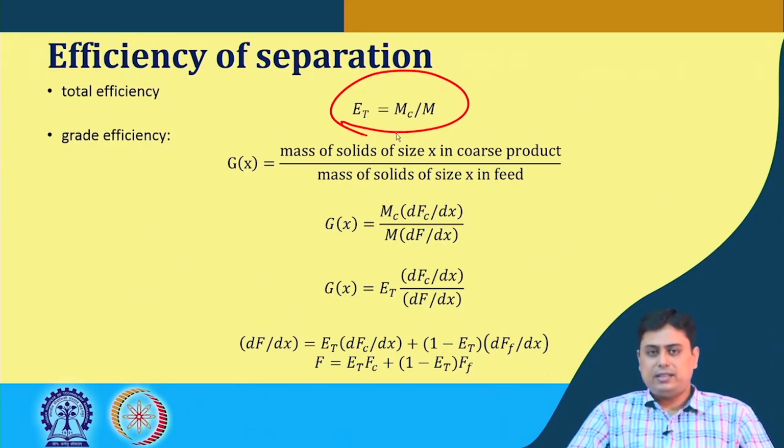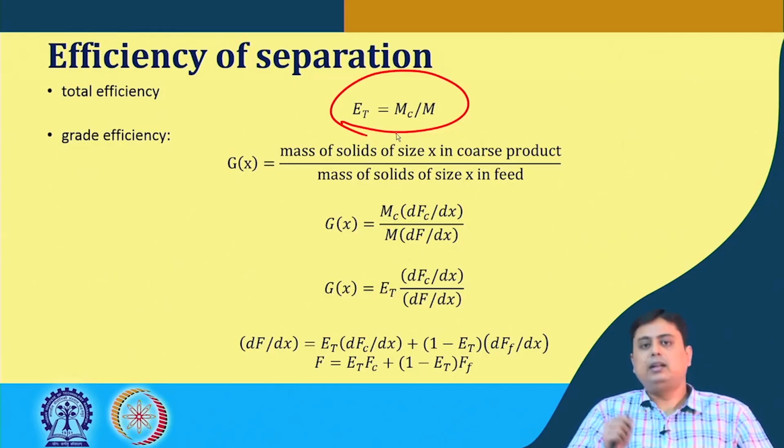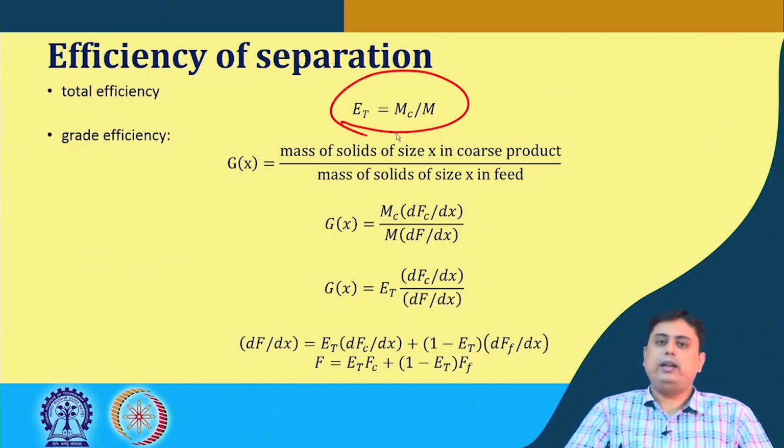So, the grade efficiency is that certain grade that you want to achieve for a particular size of the particle in the size range. That is why it is explicitly mentioned as the mass of solids of a certain grade x, here the grade is written in terms of size, in the coarse product, and the mass of solids of size x in the feed.